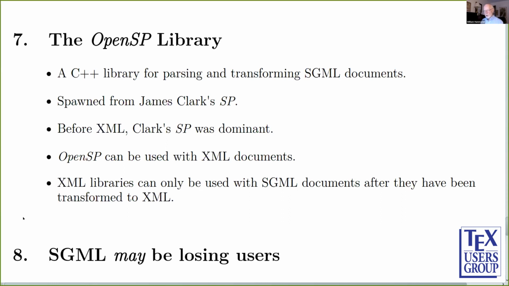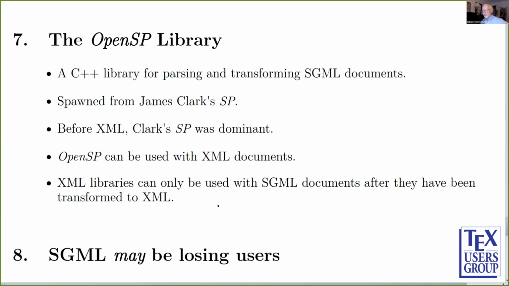I said before, OpenSP can be used with XML documents. XML libraries, of which there are a number, can only be used with SGML documents after the SGML documents have been transformed to XML.